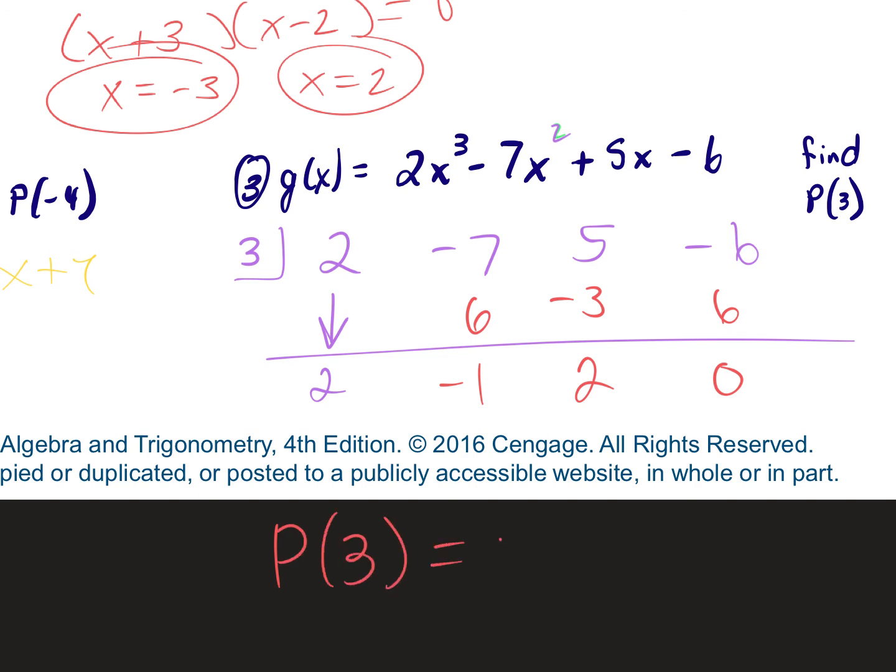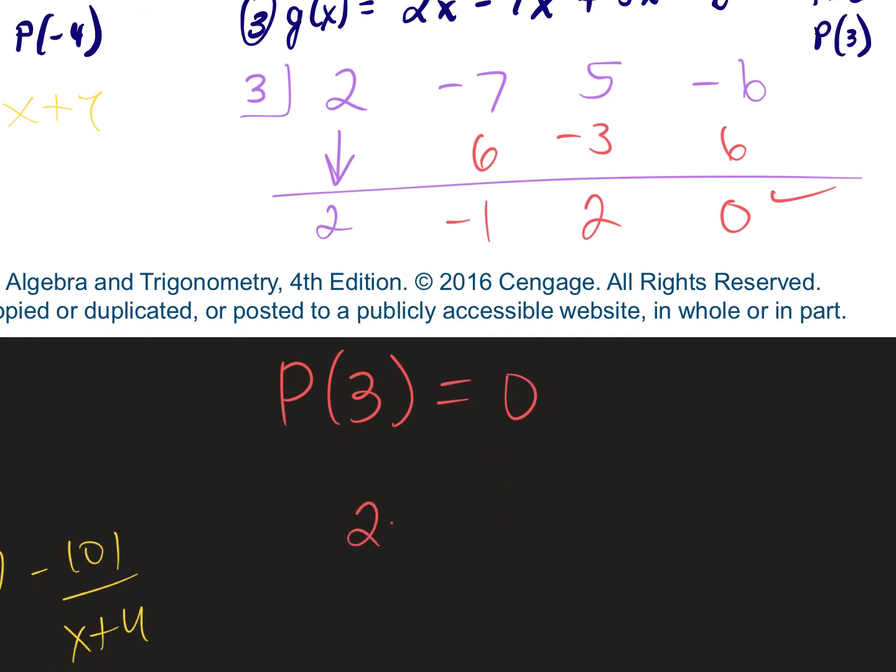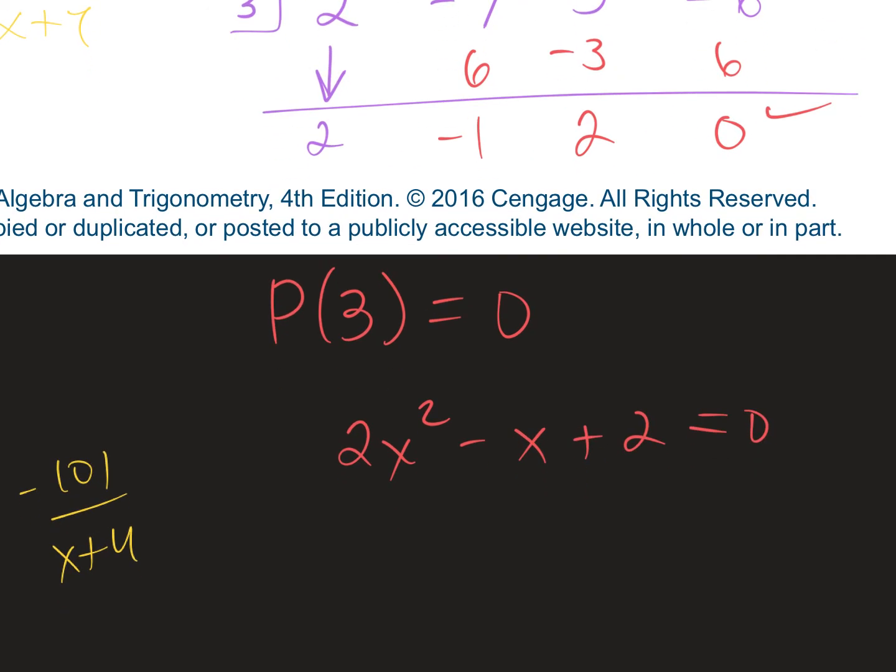So using the remainder theorem, guys, how would you write your answer? P of 3 equals 0. Now, the fact that you got a remainder of 0, that means 3 is a what? Is a factor. If you wrote the rest of this, this would be 2x squared minus x plus 2, right? Equals 0. Does this factor more? Are there factors of 4 that'll multiply to give me 4 and add to give me negative 1? Right?